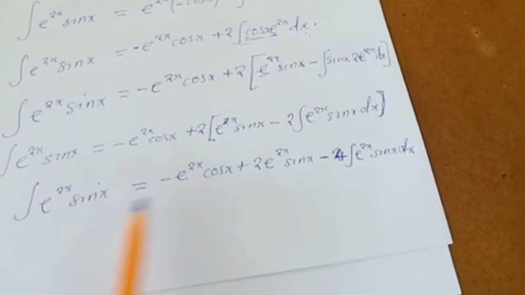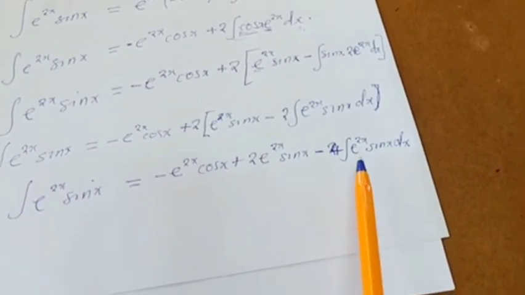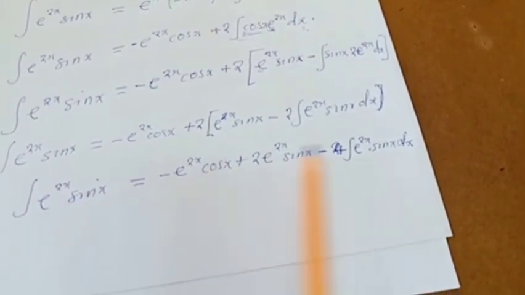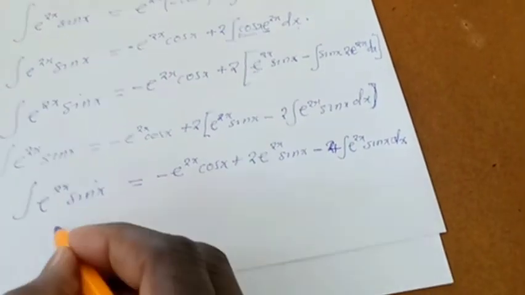So if you check, this and that are the same, meaning that this can come to the other side. Once you take it that side, what answer are you going to get? You're going to have 5.